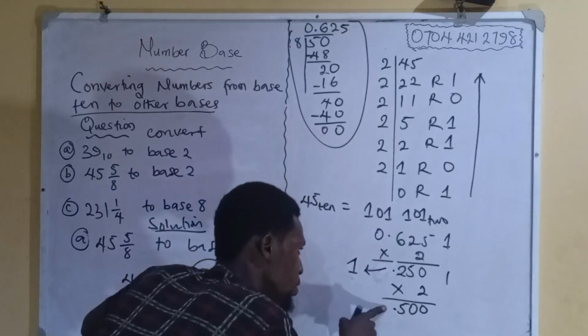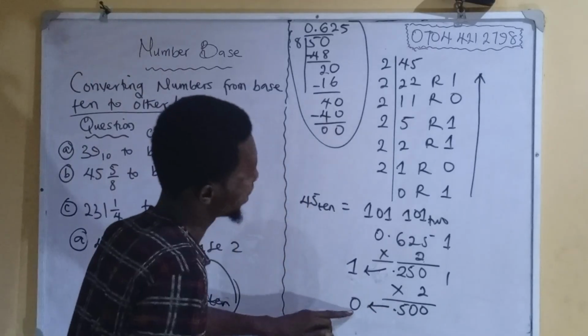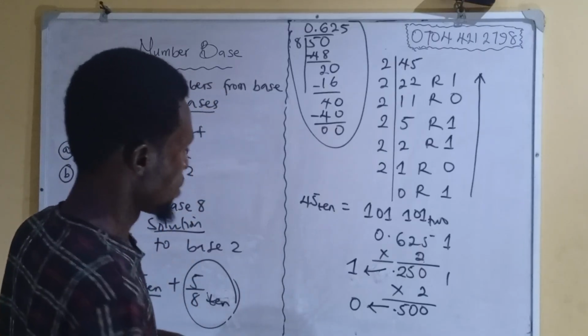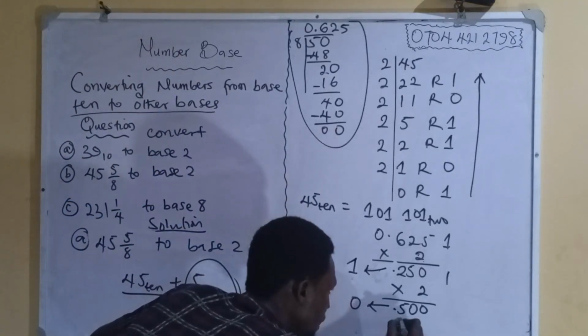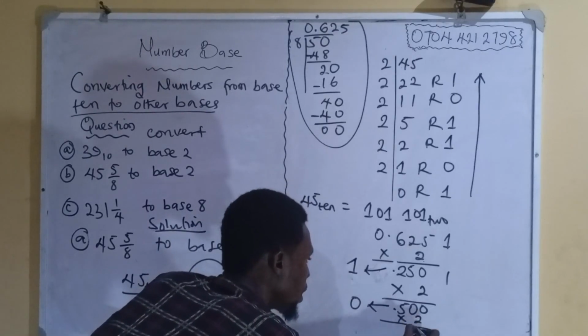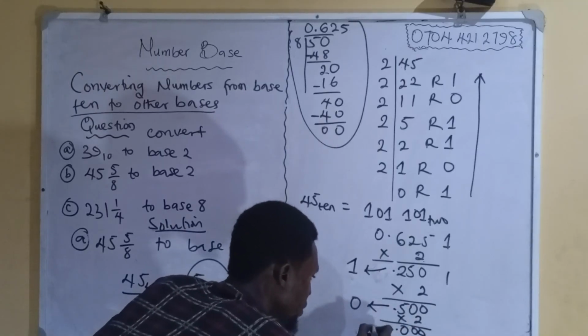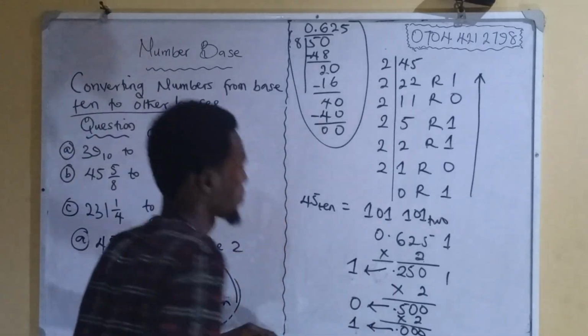What you have here is still 0, so you keep the whole number, which is 0. So you multiply again, and the whole number here is 1.